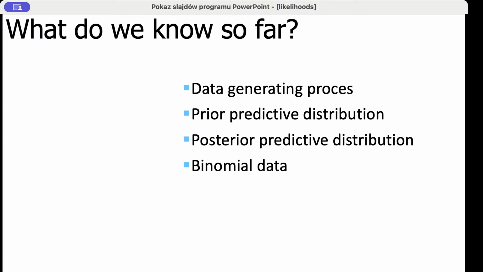So the full description of how data is being related from actual phenomena occurring through effects that we can actually observe and the observation process that results in some kind of data.